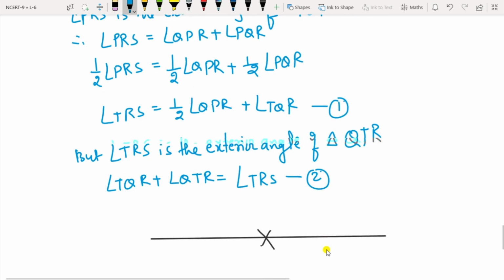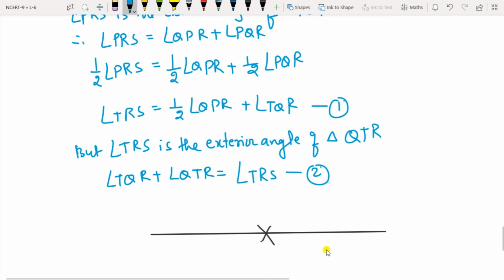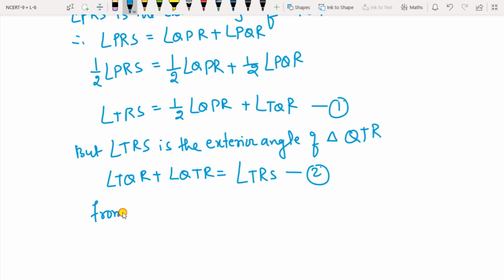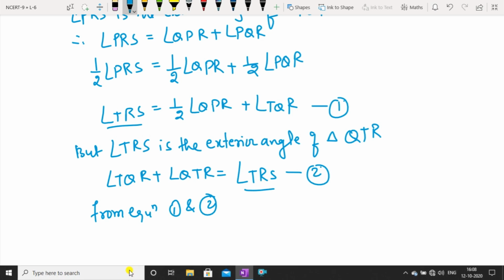So from equation 1 and 2, let us add some more space here. This is the value for TRS, so substitute the value of TRS in equation 1.